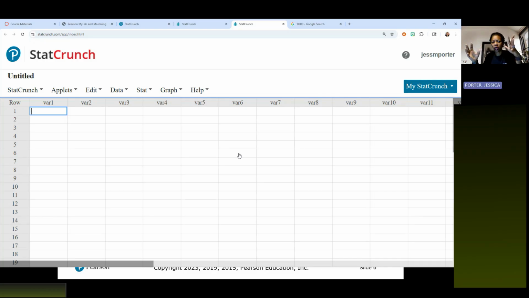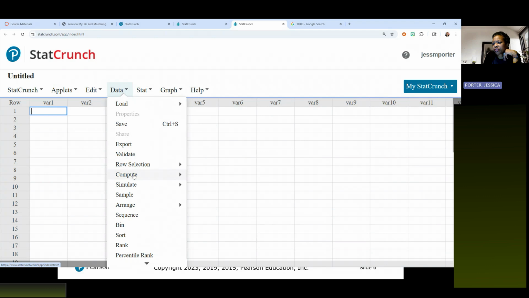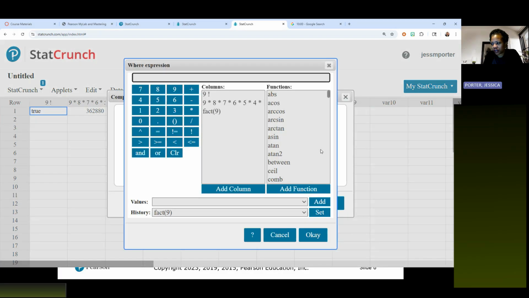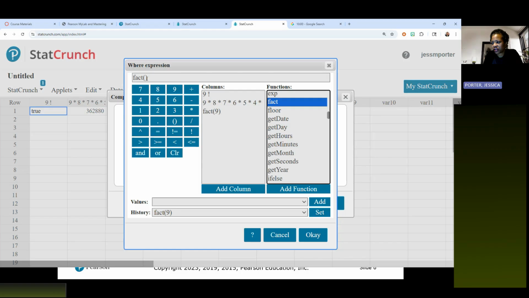If you're working on the homework, just go to the help and you can pull up StatCrunch from there. It's data, compute, expression, build, and it wants us to use the word fact, short for factorial.